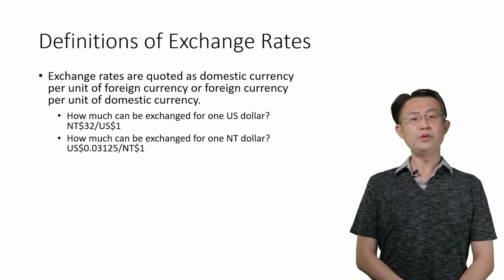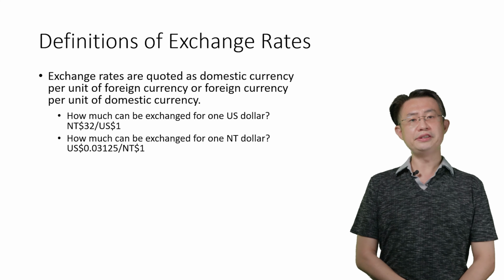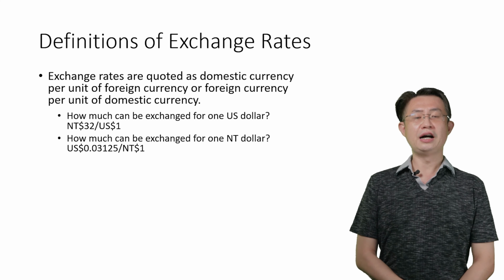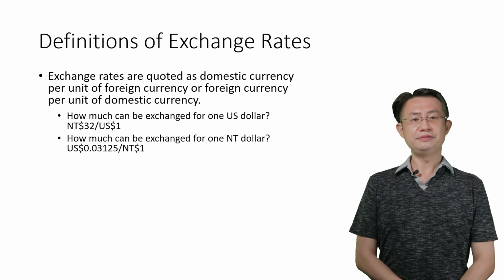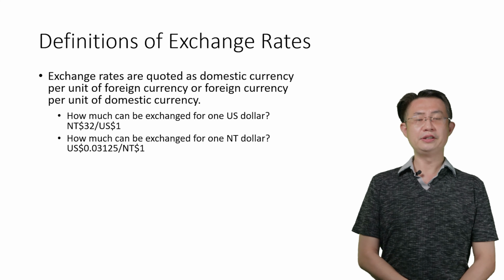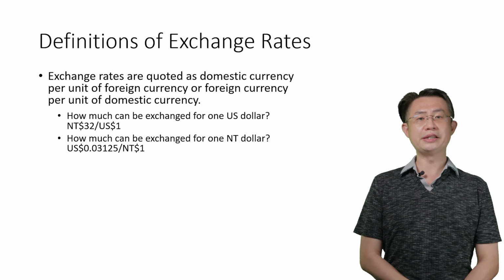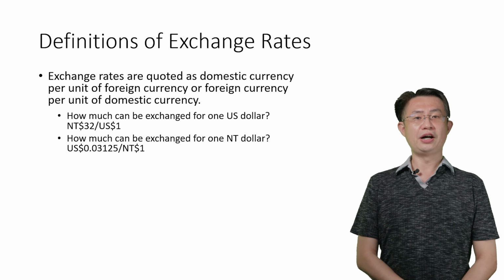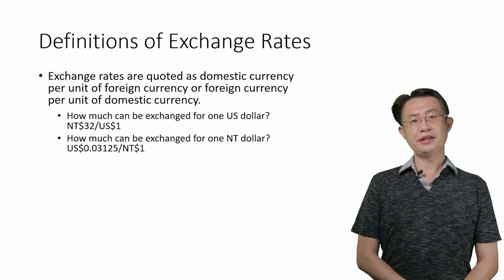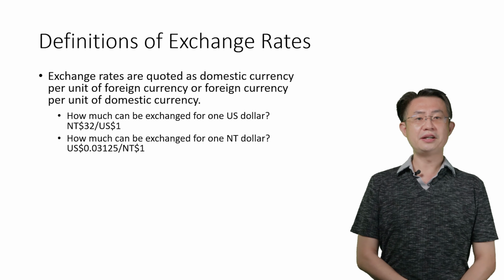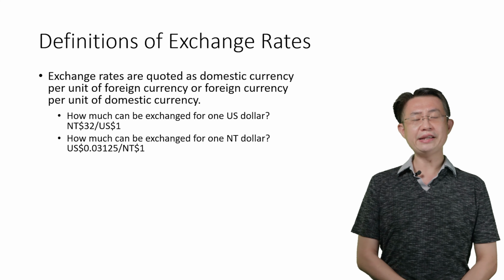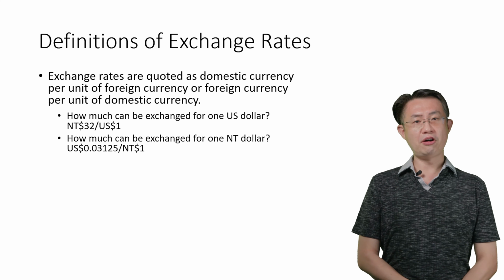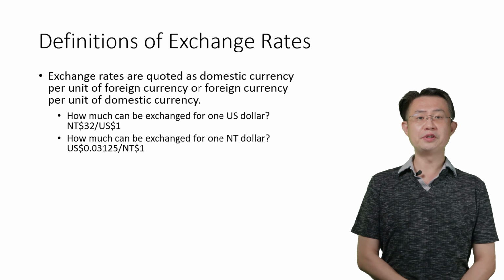On the other hand, if the current exchange rate equals 32, it means that if you want to buy one unit of foreign currency, you have to spend 32 units of domestic currency, right? So in this way of illustrating the exchange rate, we consider the foreign currency as the base currency, and the domestic currency plays the role of the quote currency.